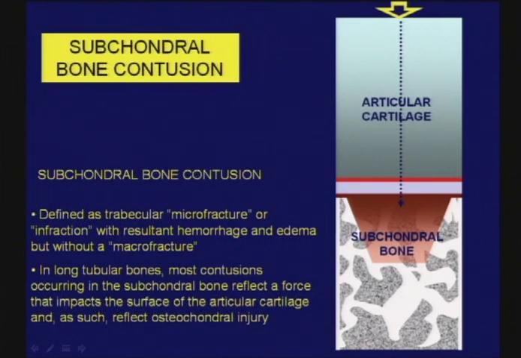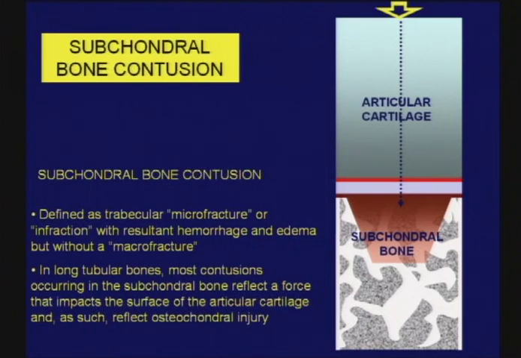A subchondral bone contusion is defined as a trabecular microfracture or infraction, which is another word, with hemorrhage and edema. I think it's more than that, but without a macrofracture. Most subchondral bone contusions, and I emphasize subchondral, right below the articular cartilage, when they occur in a bone, especially a long bone, relate to a force that began on the surface of articular cartilage and went through the cartilage.